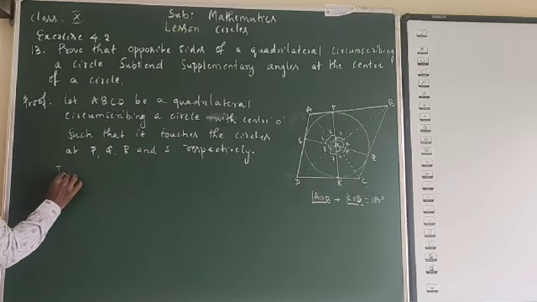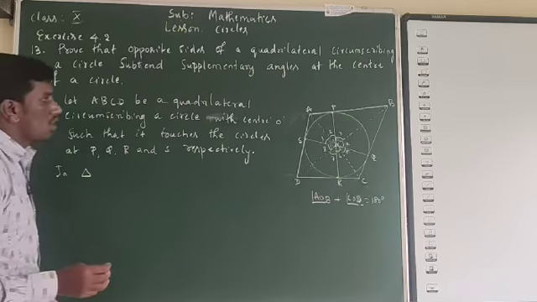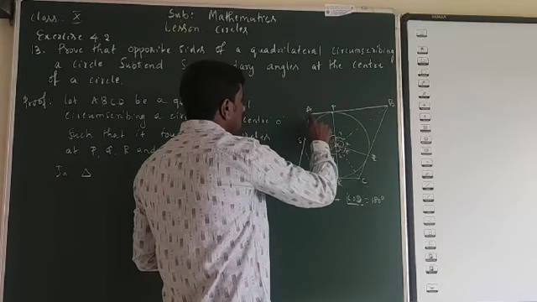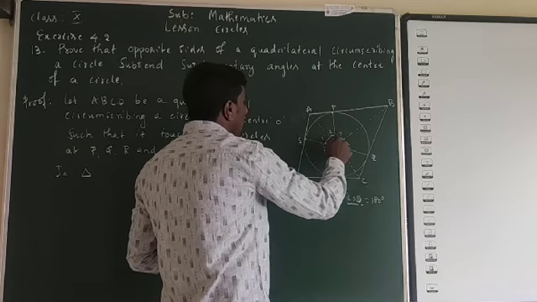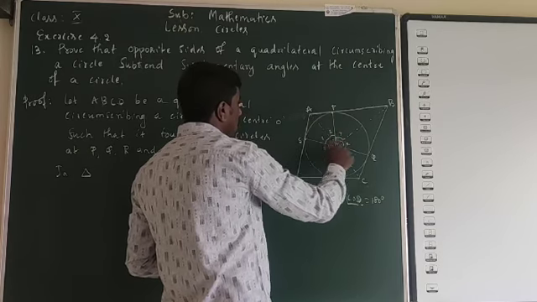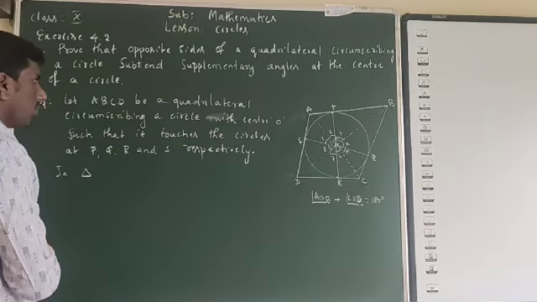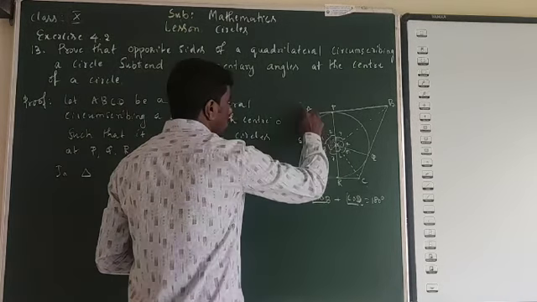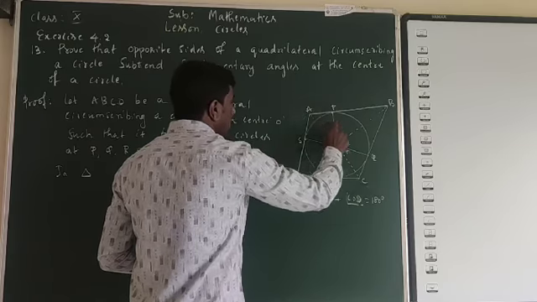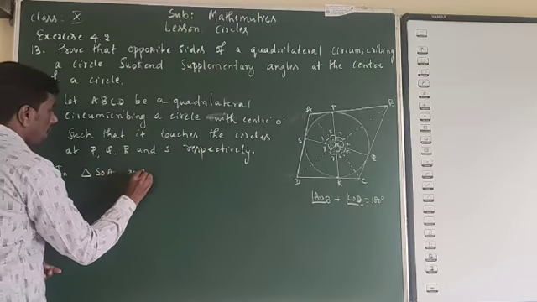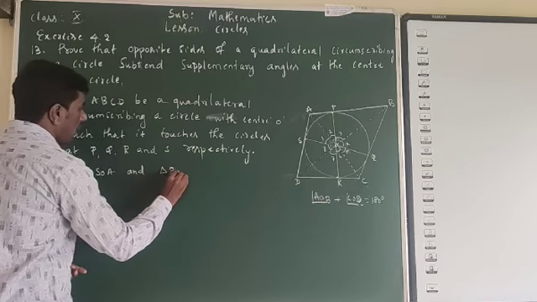I take these two triangles only, AOS and AOP, that is, triangle SOA and triangle POA.